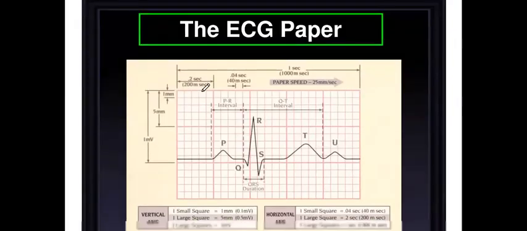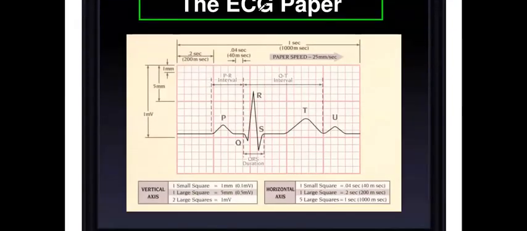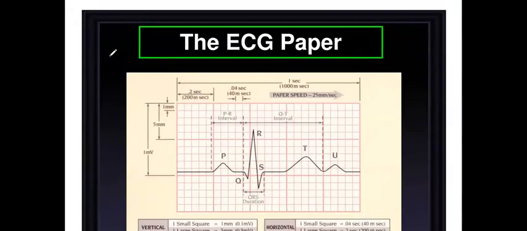Here the next important thing is the ECG paper. It looks like this, the ECG paper.